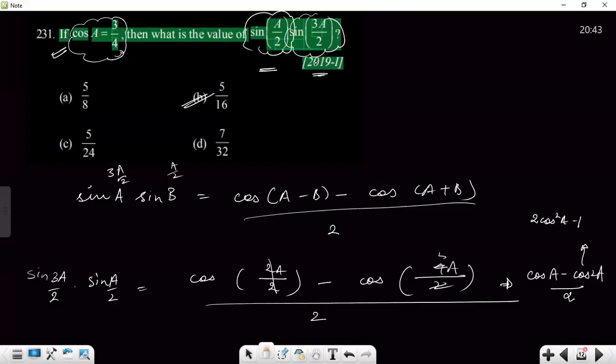After finding it, we'll find the value of sine 3A by 2 by using the formula of sine 3 theta. Sine 3 theta formula is 3 sine theta minus 4 sine cube theta. That will be even more tedious than this. So instead of that, we have used this formula. That's a better method that we have used.